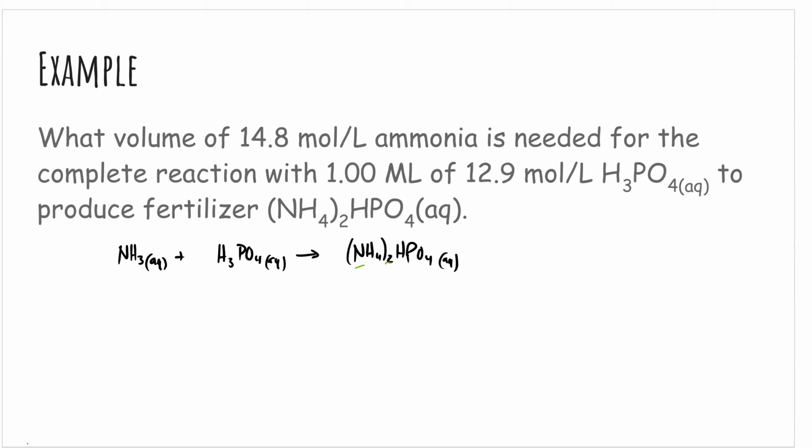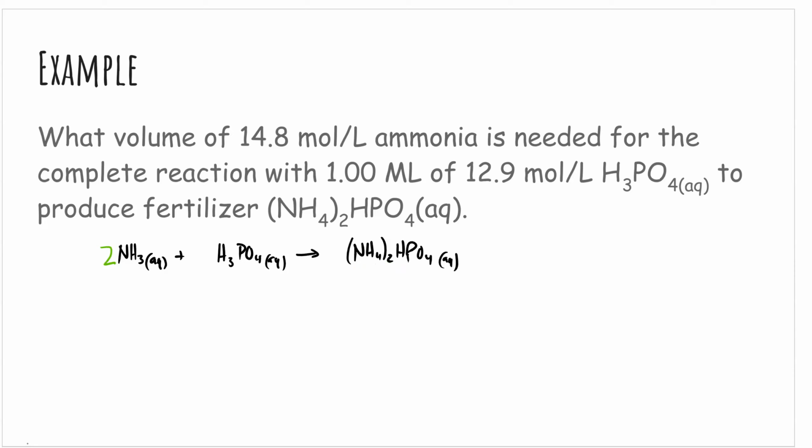So we need to have two nitrogens on the left hand side. We put a 2 in front, and then we check our hydrogens. I have 6 hydrogens from that and 3 more to make 9. Here I have 4 times 2 is 8 plus 1 more makes 9, and I still have my PO4, so everything is balanced.